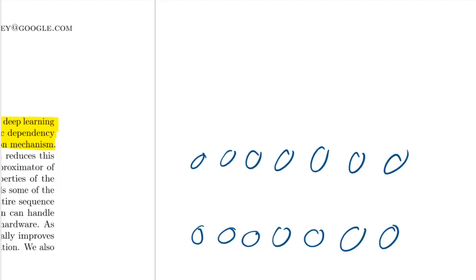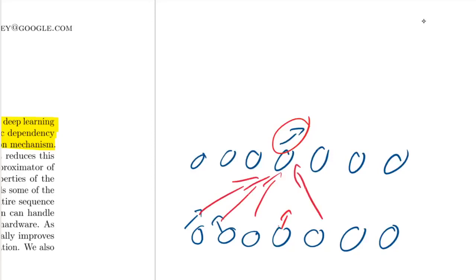Each token is represented by a vector at the beginning, and each layer transforms this sequence into a higher level representation. So you want the vector of this token right here to be a better representation than the vector was right here, and you do that by incorporating information from all the other tokens into that particular vector.